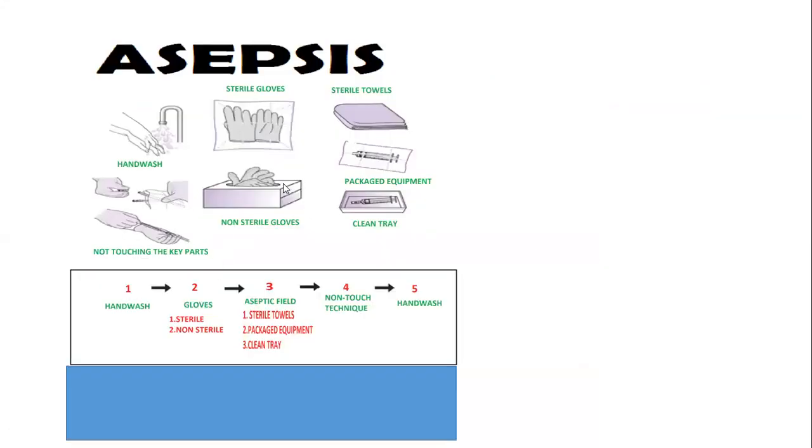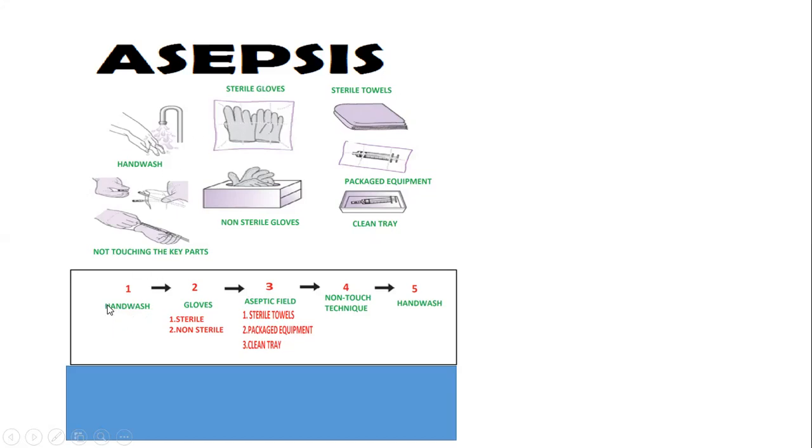What is asepsis? Look at the pictures. Hand wash, for example, not touching the key parts, non-sterile gloves, sterile gloves, we use the sterile ones, sterile towels, packaged equipments, and the clean tray.